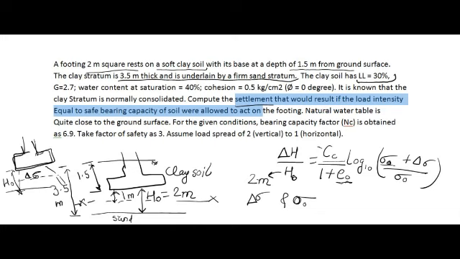Then we have to find sigma 0, that is the initial overburden pressure at this line, meaning at H0 by 2. Always remember this particular thing.